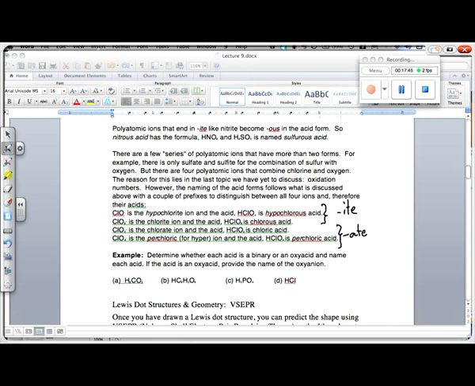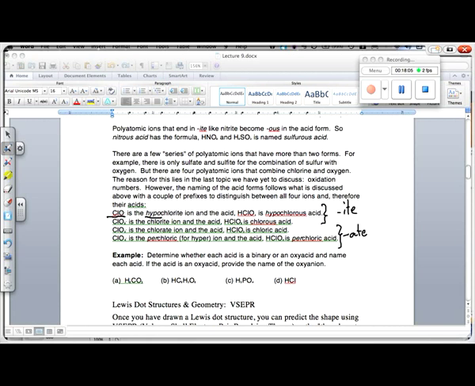So this polyatomic ion right here is the hypochlorite ion. Well, when you make that into an acid, it becomes hypochlorous. So it's still an ite becoming an ous. But we have to add on a prefix because of the fact we have more than 2 in this series.